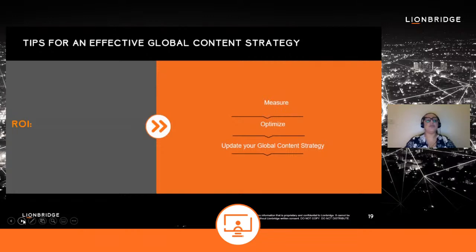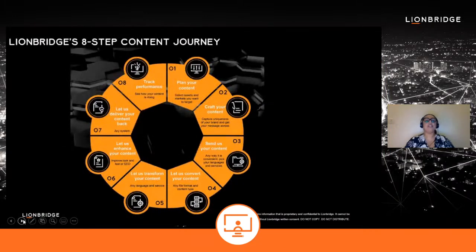Let's take a look at how we do things at Lionbridge. As you know, Lionbridge is a leader in localization and digital marketing. We are privileged to work closely with some of the most successful market leaders across industries. From this vantage point, we've observed multiple companies in a variety of verticals embrace the holistic approach to localization.